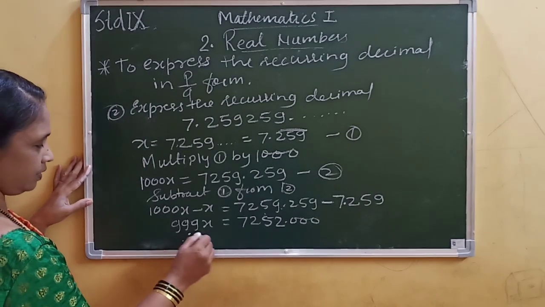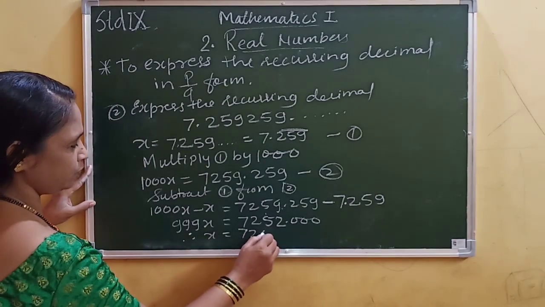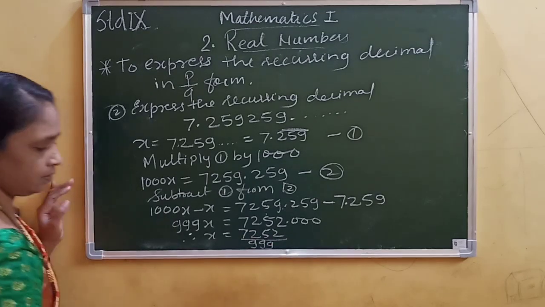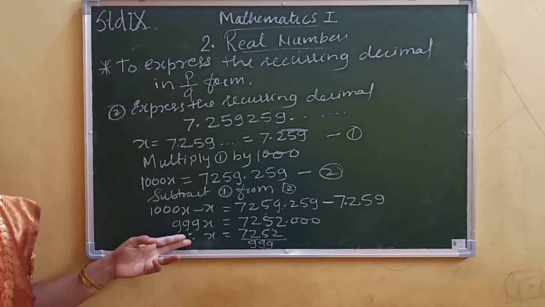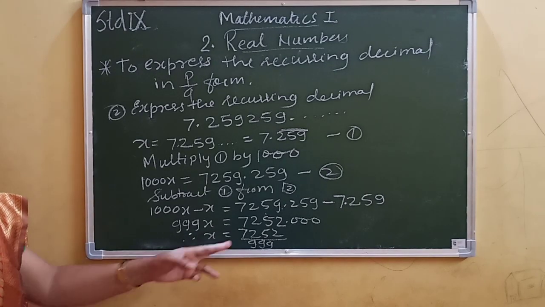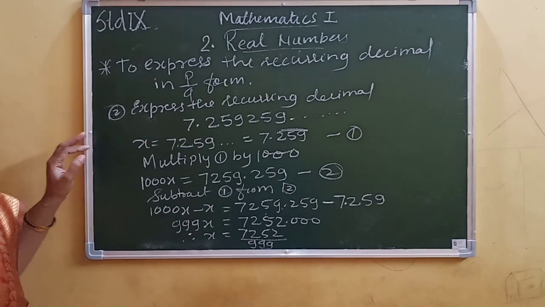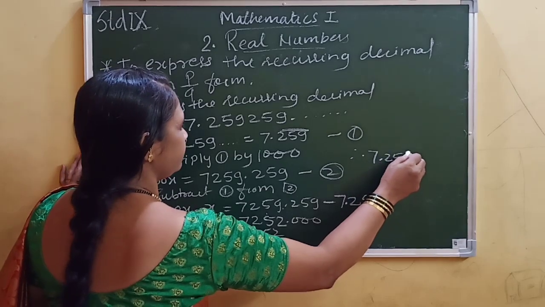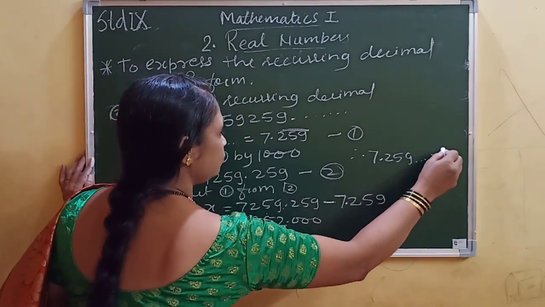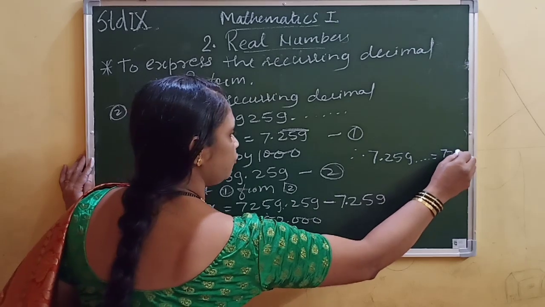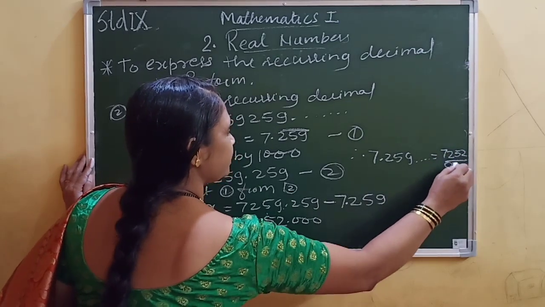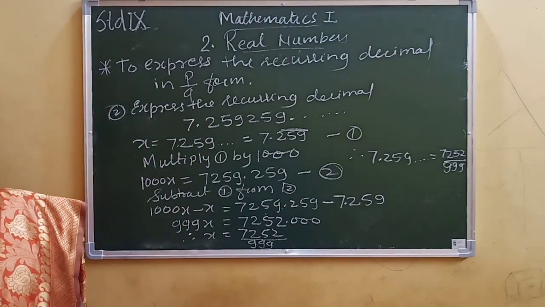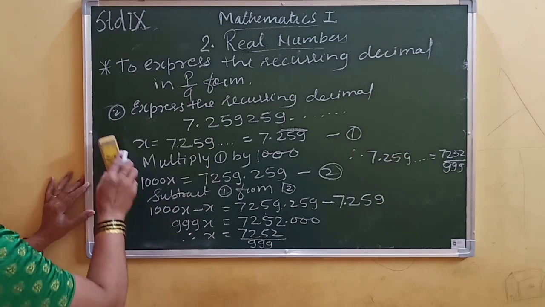Therefore x is equal to 7252 upon 999. So this is the P upon Q form of this. Therefore at last write 7.259 is equal to 7252 upon 999. Okay. Now we'll see practice set 2.1.